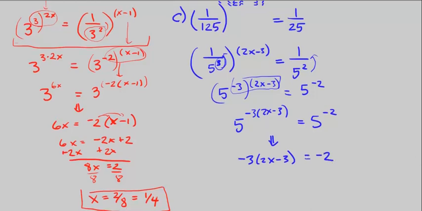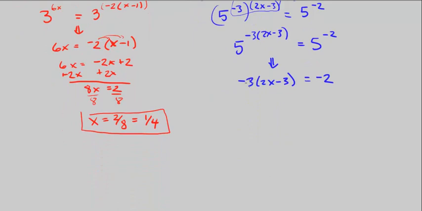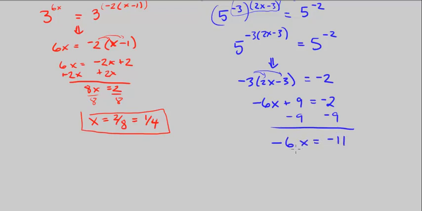And again, we have a simple one variable equation. So let's distribute that -3, -6x, -3 times -3 is +9. Let's subtract 9 from both sides to get the variable x alone. We have -6x equals -11.